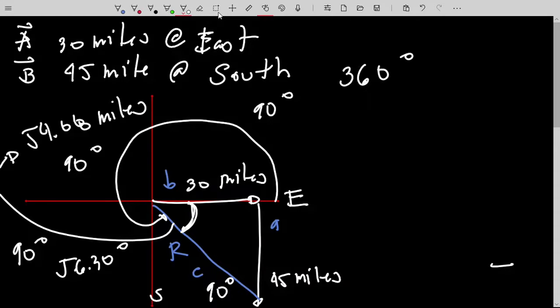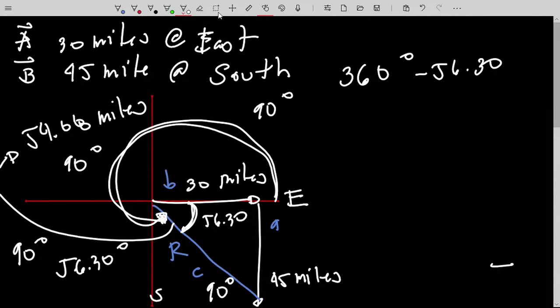Then just subtract your 56.30 degrees. Why? Because this angle here is 56.30, and we're just going to get the angle starting from here and going to here. So you should have the value of 416.3 degrees. So that is the total angle of our resultant vector starting from the x-axis or starting from the 0 degrees.